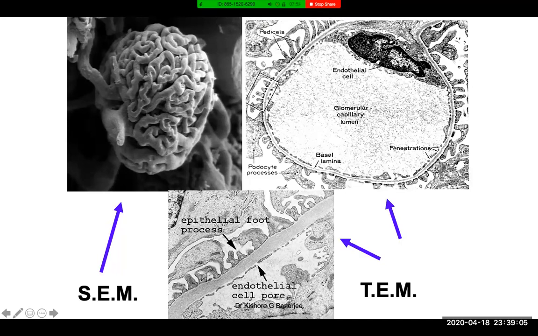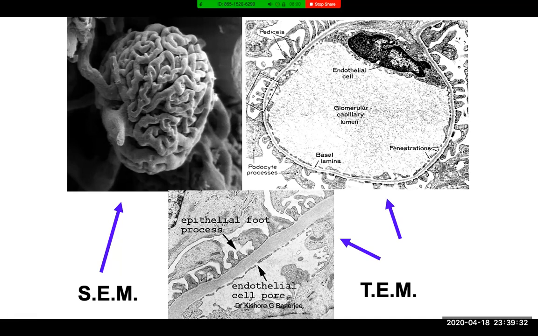If you look under the electron microscope, the glomerular filtration barrier is made of capillary loops with the endothelial barrier, followed by the basement membrane, and over the top of the basement membrane, there are the podocyte foot processes. These three things, the endothelial barrier, the basement membrane, and the podocyte foot process junctions, comprise the glomerular filtration barrier.